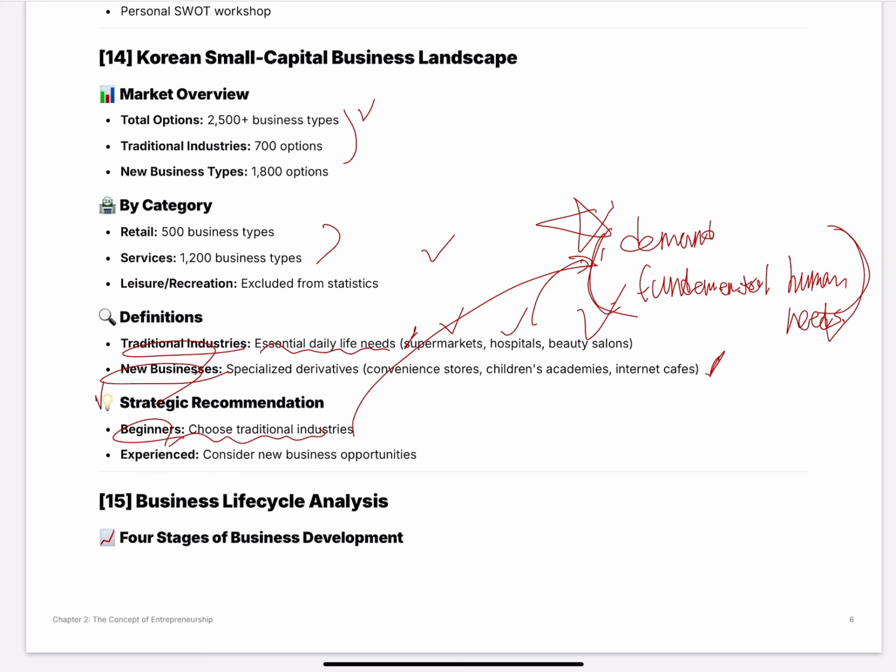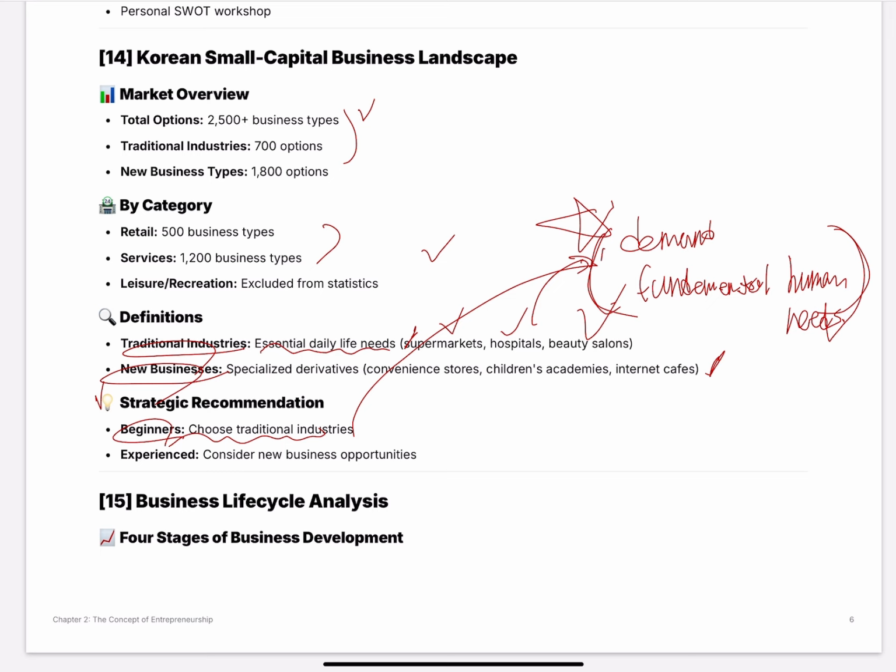The traditional business models are established, and you can focus on execution rather than figuring out whether there is a market. But if you are more experienced in business, then new business opportunities might be worth exploring because they often offer higher growth potential and less established competition. The key is matching your experience level with the complexity and risk of the business type you choose.